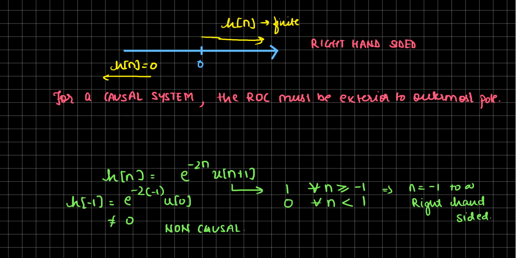And therefore we can conclude that the converse of the statement which we have made regarding the ROC of a causal system is not true. Therefore, for a causal system, the ROC must be exterior to the outermost pole, but the converse is not true.